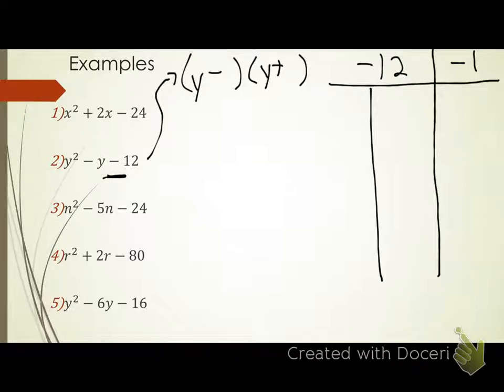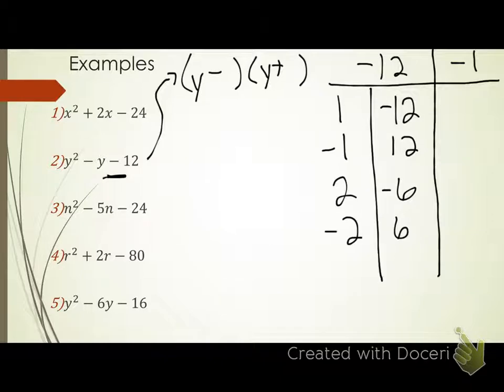Okay, someone raise your hand and give me my first two factors of negative 12. 1 times negative 12 and negative 1 times 12. Raise your hand if you can give me my next two. What's after 1? 2 and negative 6.